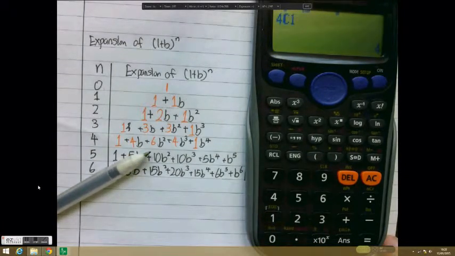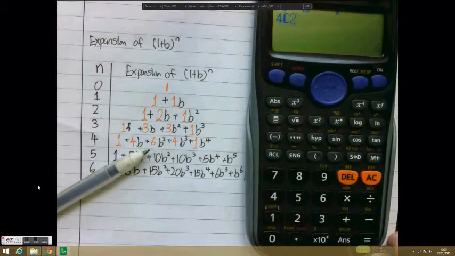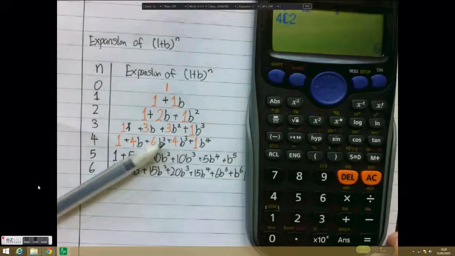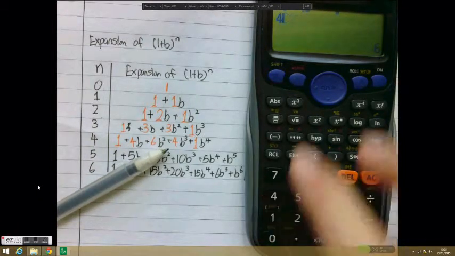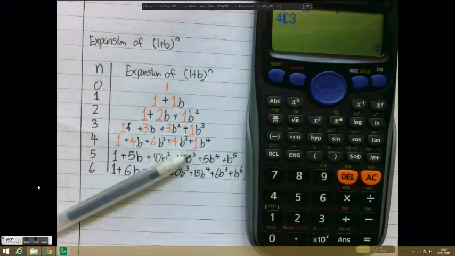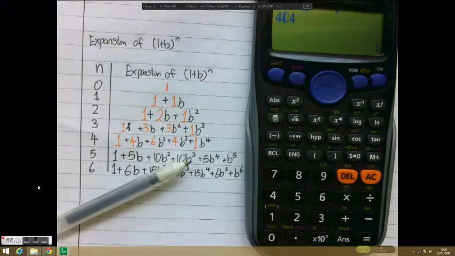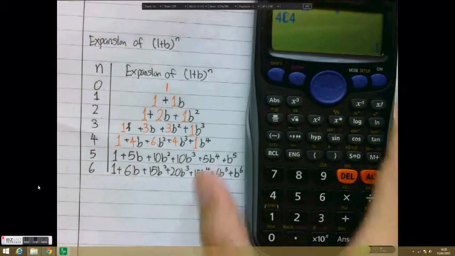Here is 4 choose 2. It is 6. This would be 4 choose 3. Is 4, and 4 choose 4 will be 1 by itself. So I have just made the link for you between Pascal's triangle and n choose r and the expansion over here.